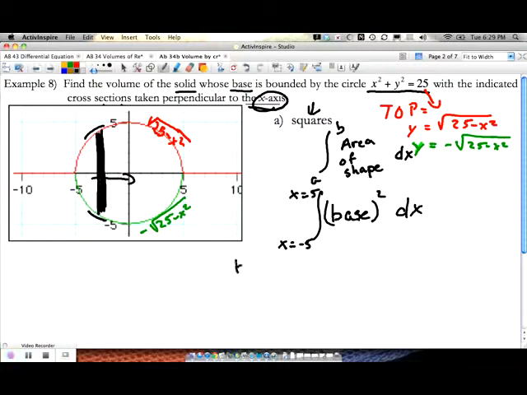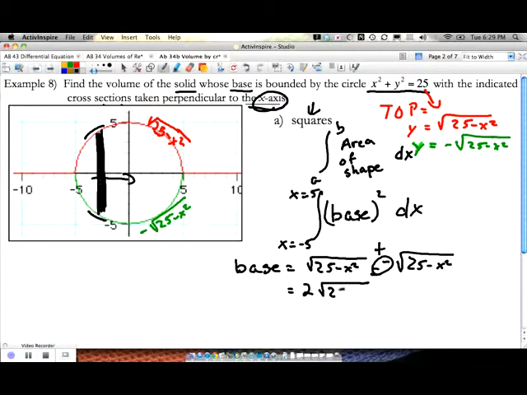So our base is just top minus bottom. The base is equal to that red one, radical 25 minus x squared, minus the green one, which is negative radical 25 minus x squared. Both of these in radicals. And since we have two negatives there, we can add them. If you have two of the same thing, that's really just saying 2 times radical 25 minus x squared.